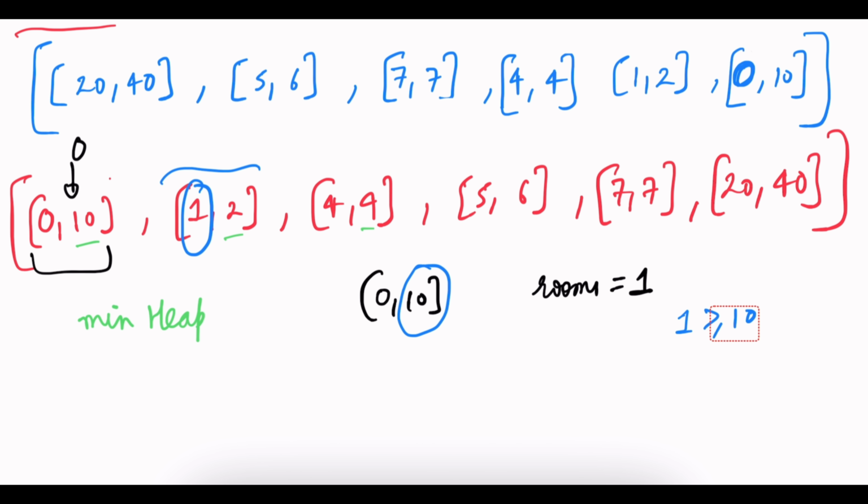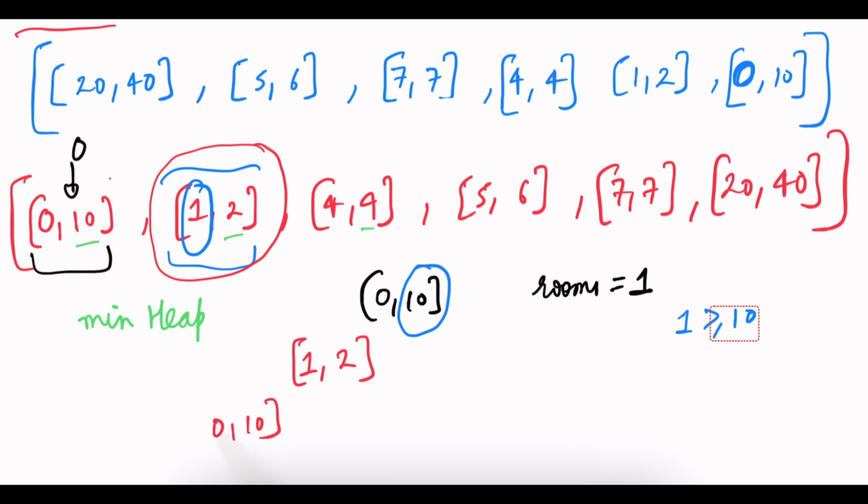So what this means is we cannot use this particular room for this meeting. So what we can do is we can increment the number of rooms and add this interval 1, 2 to our min heap. Now in this case 1, 2 is going to be the minimum element in our min heap, and 0, 10 is going to be pushed downwards.